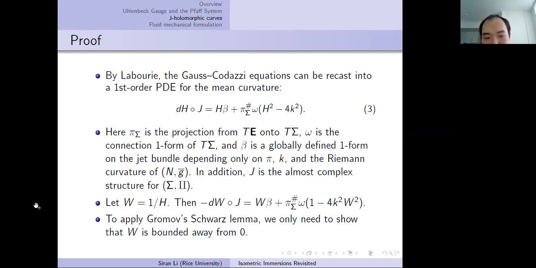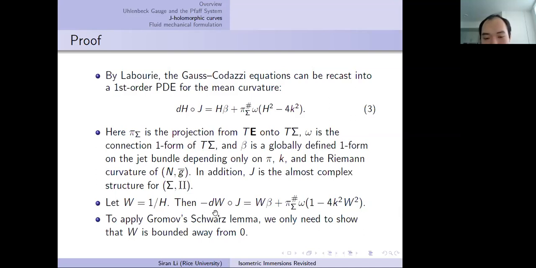Actually, if we divide both sides by H squared, then I can reformulate this equation as an equation for W, where W equals 1 over H. If we look at this equation, it's a first order PDE.